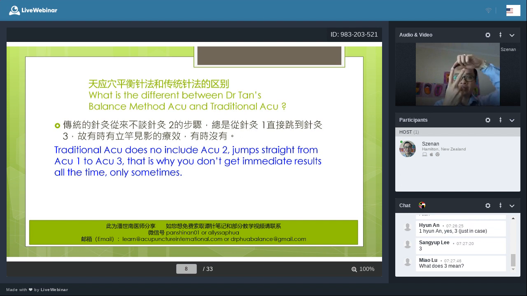Then you find out the balance meridian. Then number 3, this is your acupuncture point. Now, in general, we say headache, 合谷, 1 and 3. You're missing 2. So when you add 2 on it, this is Dr. Tan's balance method. That's it.